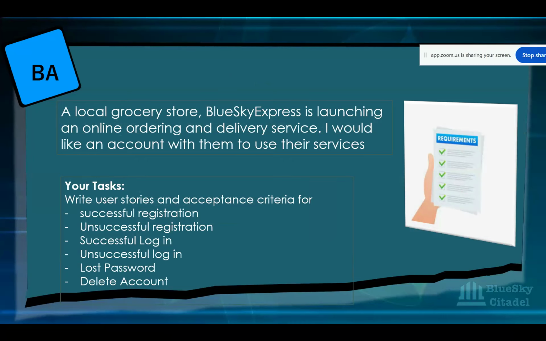Again, this is an example that you can use to practice. I'll just leave it here for a minute before I go to the product backlog. So a local grocery store is launching an online ordering and delivery service, and you as a user want to open an account with them so you can use their service.